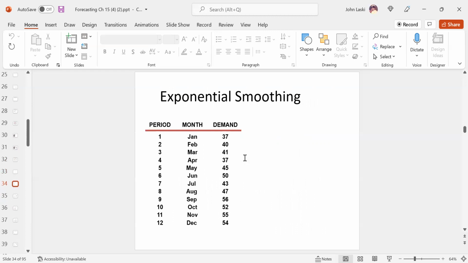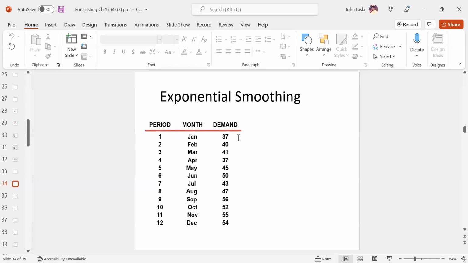So if we take this example, we see that we have periods 1 through 12, which are January through December, and we have the actual demand data for January through December.